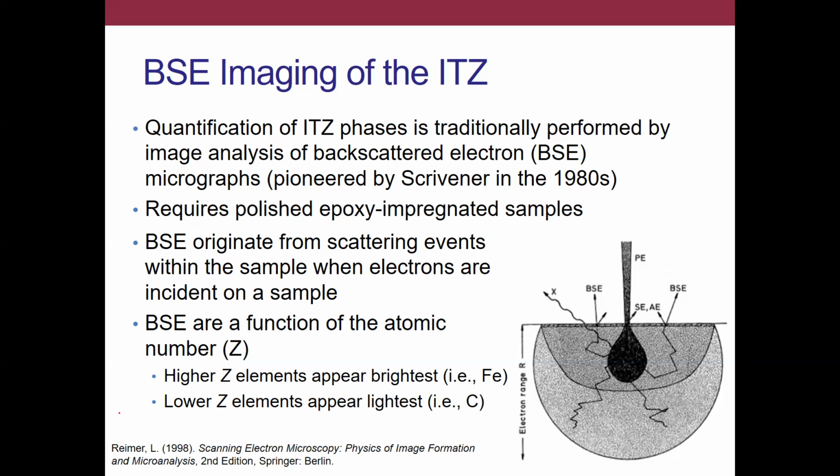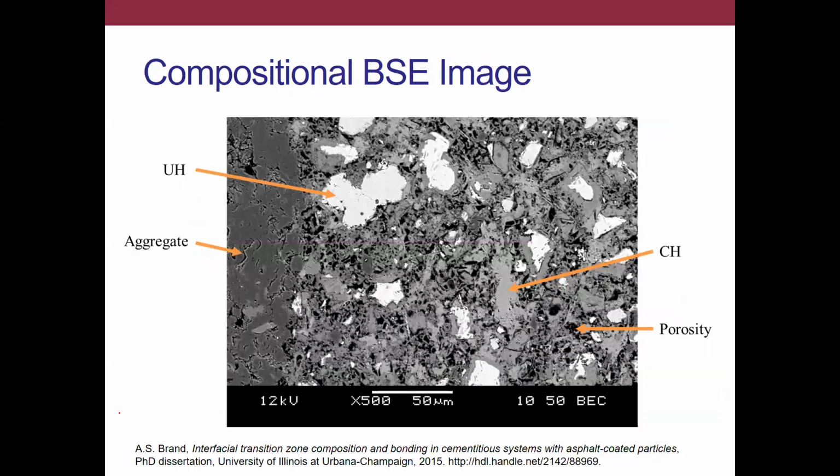The energy of the backscatter electron is going to be a function of the atomic number of the element that it was interacting with. Why this is relevant, we can see in the next image.